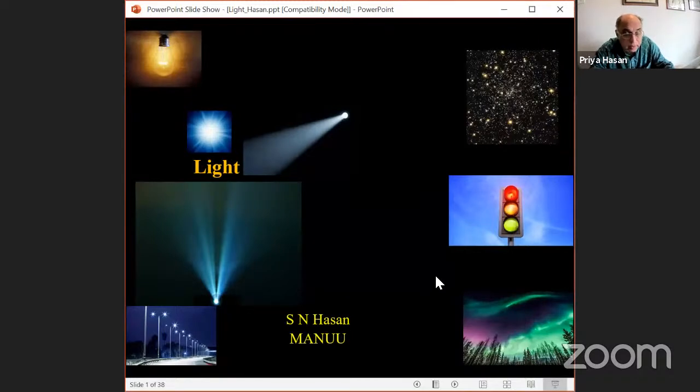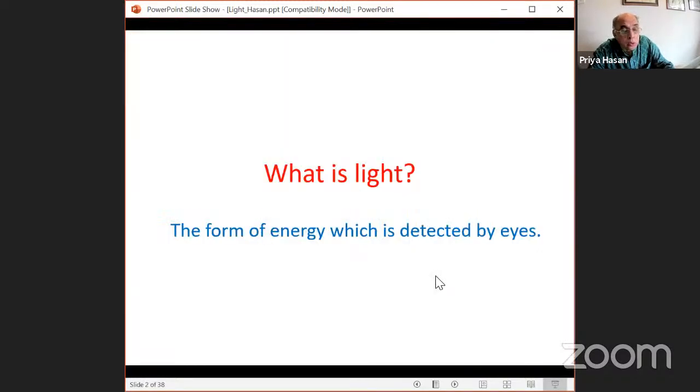Beautiful light streaks which we see. So what is light? In a very basic way, we could say it's the form of energy which is detected by eyes. Right? And we'll go a bit ahead later and define it in a more rigorous way.